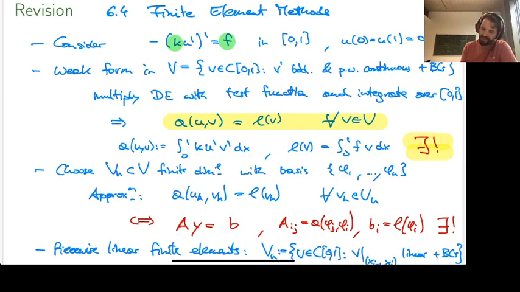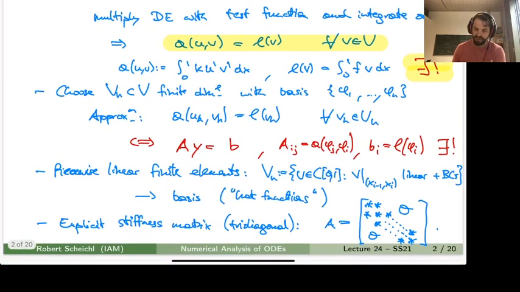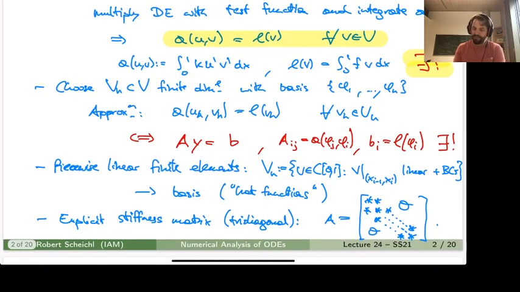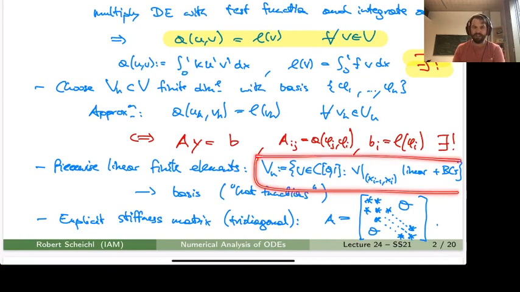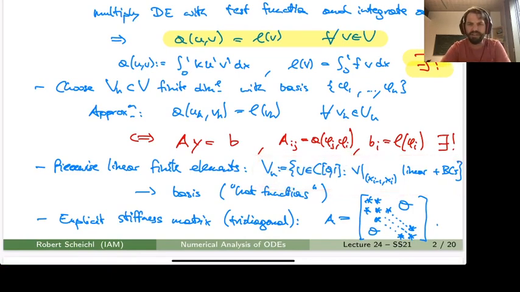Now, because we're finite dimensional, we have a basis, we can rewrite the whole thing as a linear equation system, A y equals b, and here are the matrix entries and the right-hand side entries. And again, we can show existence and uniqueness. And one particular choice of such a finite dimensional subspace are piecewise linears. So this is this space where we choose a mesh in the same way we did for finite differences, but now we're not satisfying the equation at the grid points.